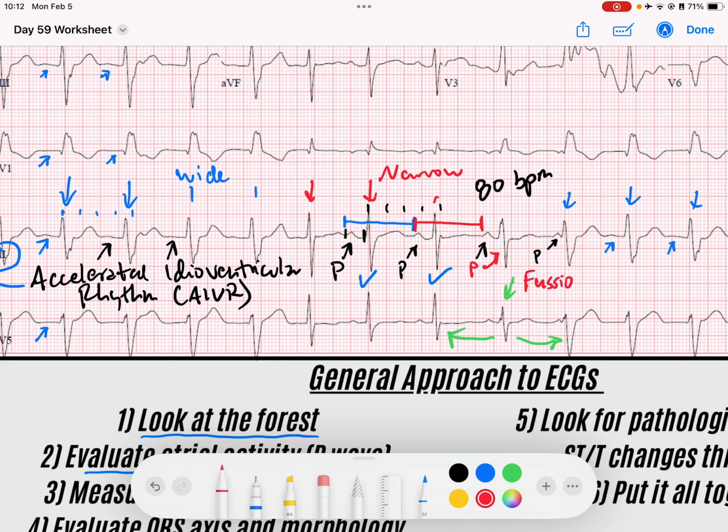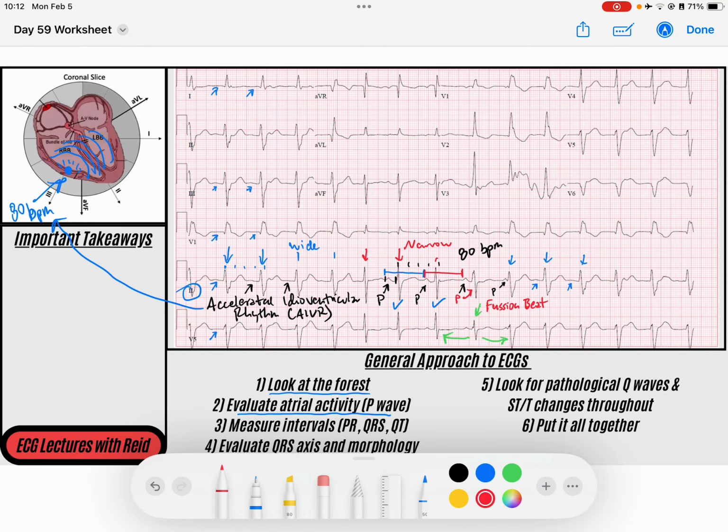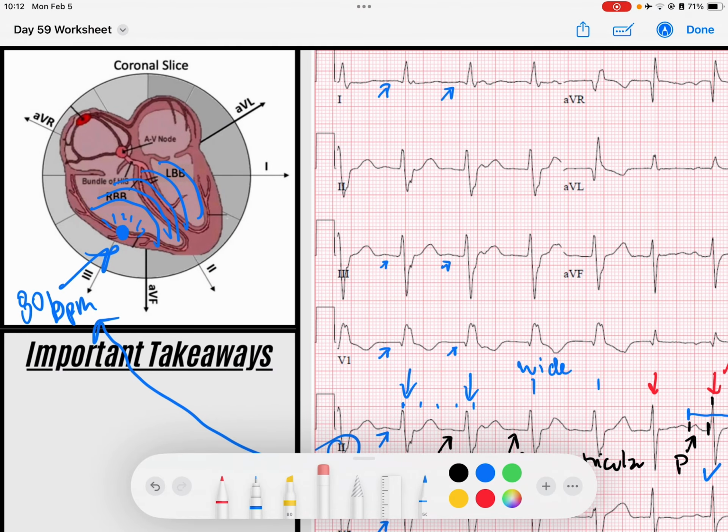And a fusion beat occurs, essentially, if I go to my diagram, this person's got a sinus rhythm. I'll erase this a little bit. This person's got a sinus beat, and the sinus beat is coming from the node here. It fires off, depolarizes the atria, and as it's working its way through the AV node to get down into the ventricles, this focus that we said was driving the AIVR rhythm fires off, starts to depolarize the ventricles at the same time that our signal comes down the His-Purkinje system.